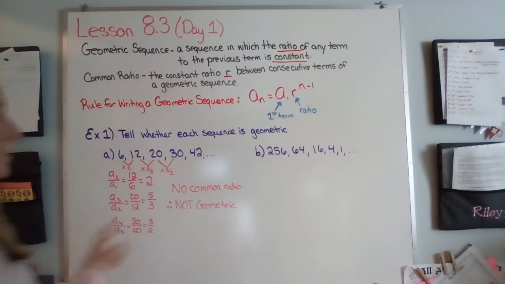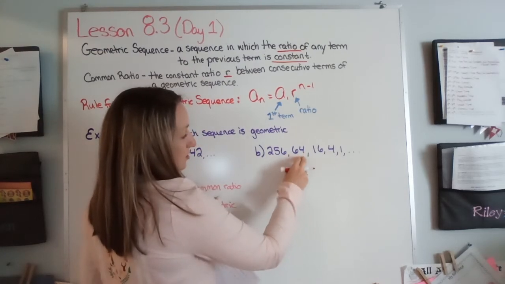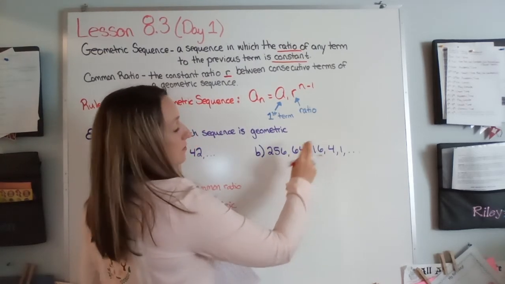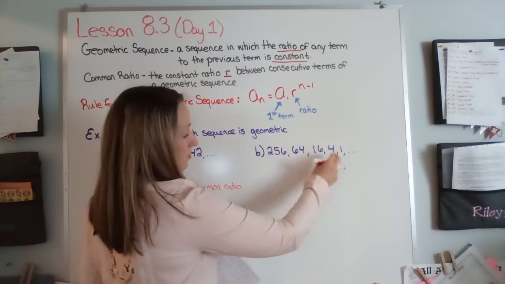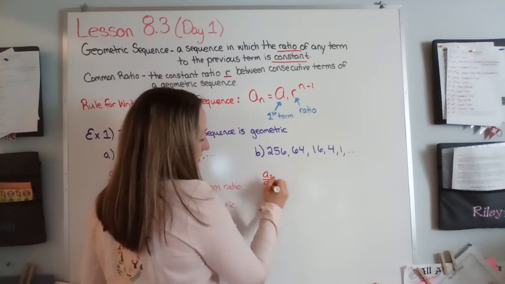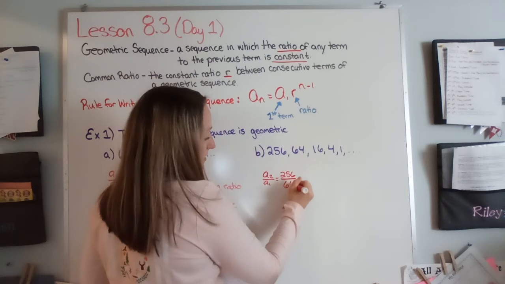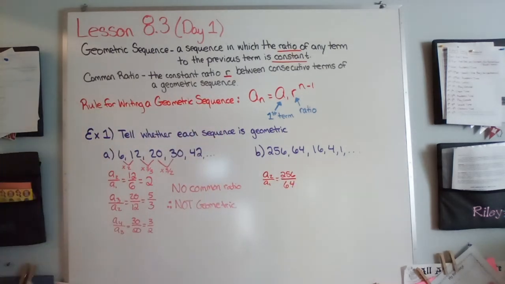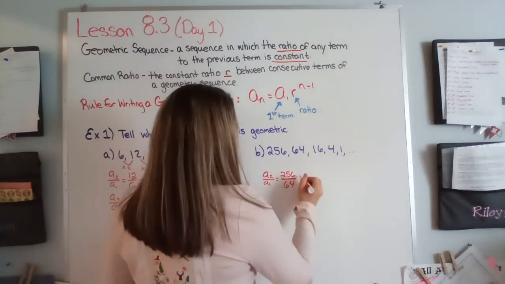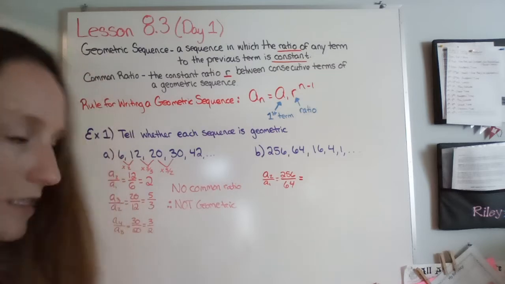All right, in the next problem, again, to figure out the common ratio, you're going to take the second term and put it over the first, or the third term and put it over the second, or the fourth term and put it over the third. Okay, so a sub 2 over a sub 1, that's 256 over 64. Hold on a second.